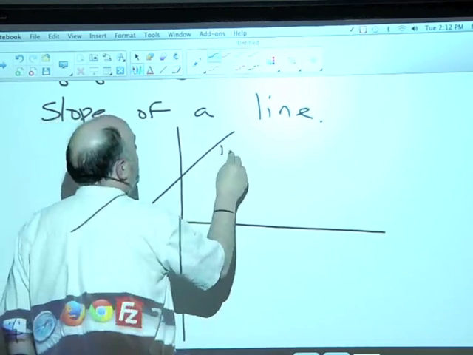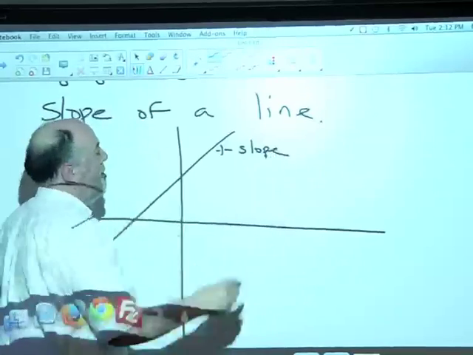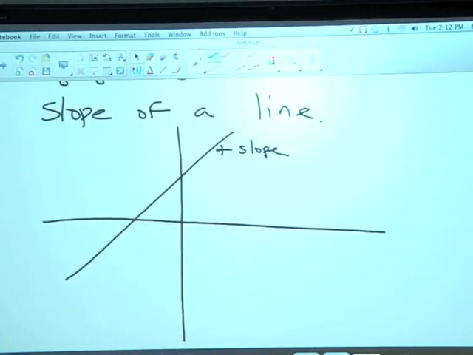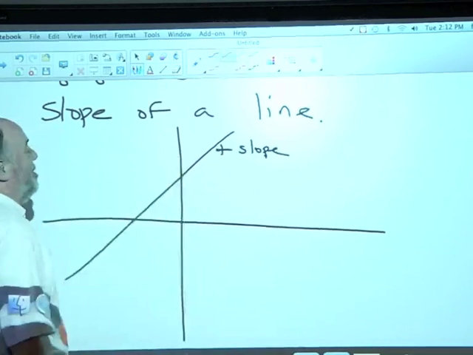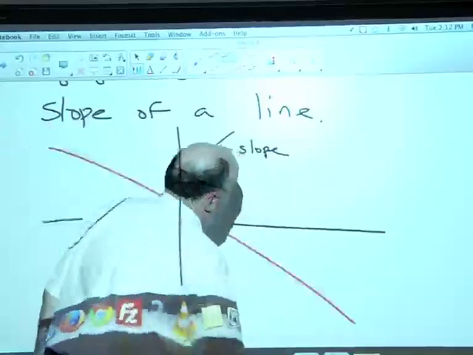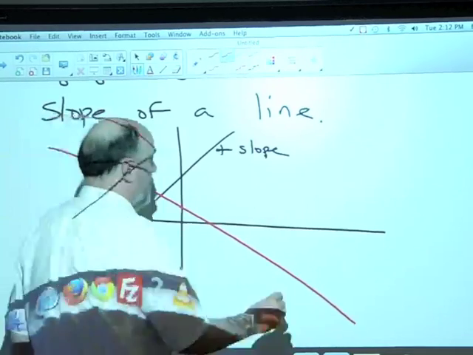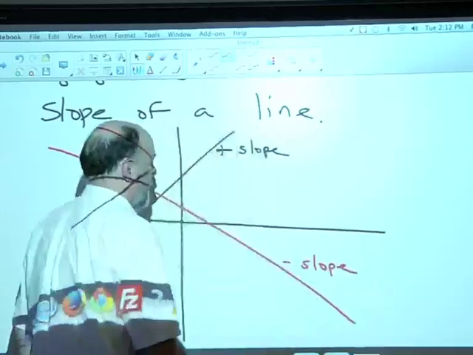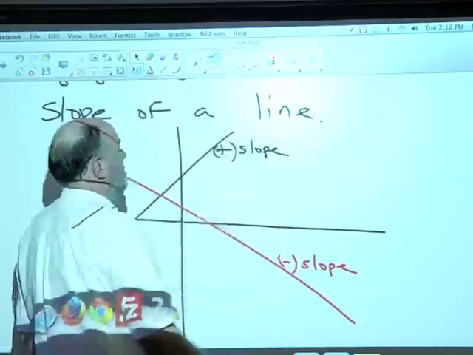This is a positive slope, right? And now if you go from left to right, you're going uphill, right? Next type, then, would be the opposite. So that would have a negative slope.